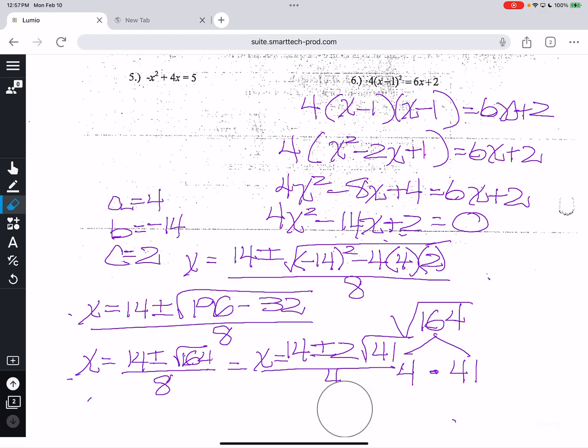I went ahead and simplified. So what do we notice? The 14, the 2, and the 8 all share a 2, and we can simplify the fractional part by 2. So final answer: 7 plus or minus radical 41 all over 4.